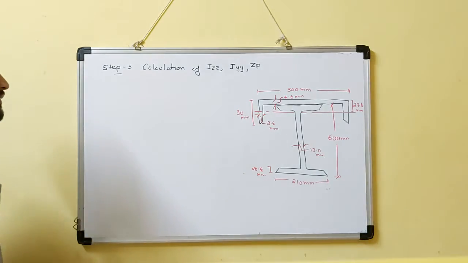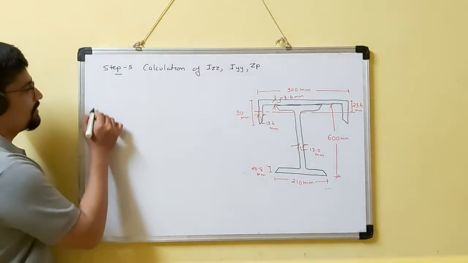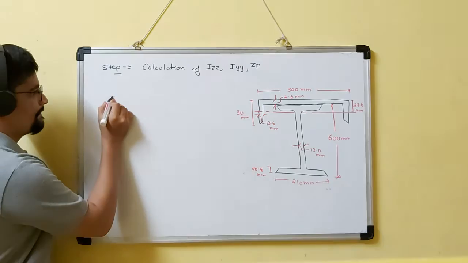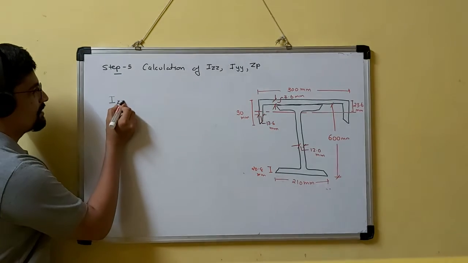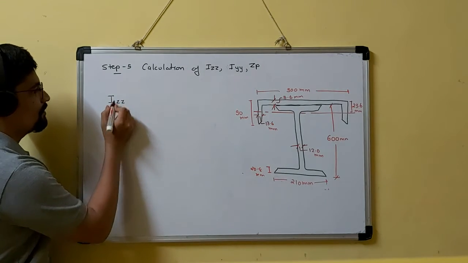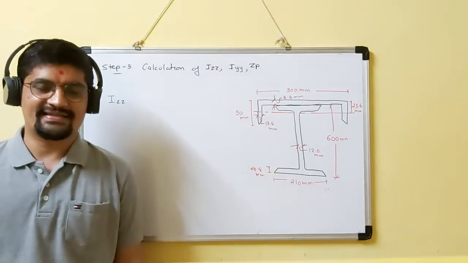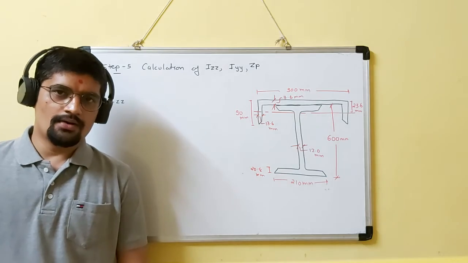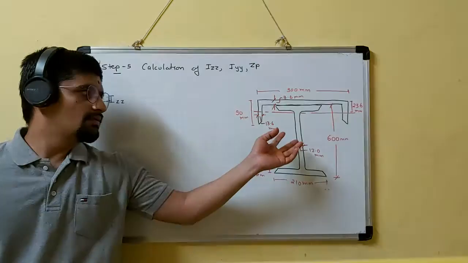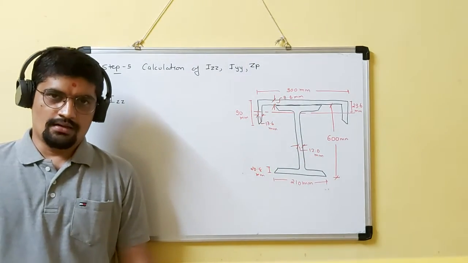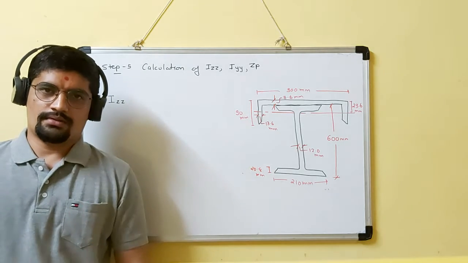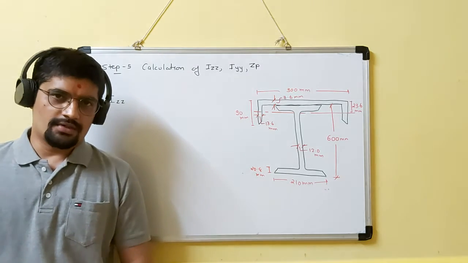So first of all we will calculate the IZZ, the moment of inertia about the ZZ axis. Generally the equation for a rectangular or square section is BD cube by 12. But here we are given an I section and a C section, and the values of both are taken from the steel table.